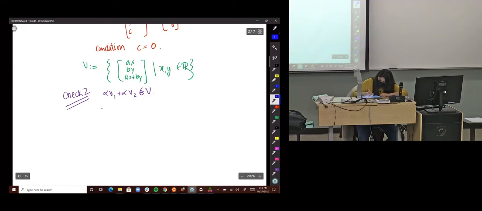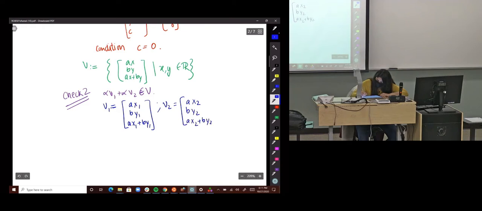V1 is an element in V, so it is (ax1, by1, ax1 plus by1), and V2 is (ax2, by2, ax2 plus by2). They're both elements of V, and the linear combination of them should ideally also be an element of V. If that's true, then we can say that V is a subspace.